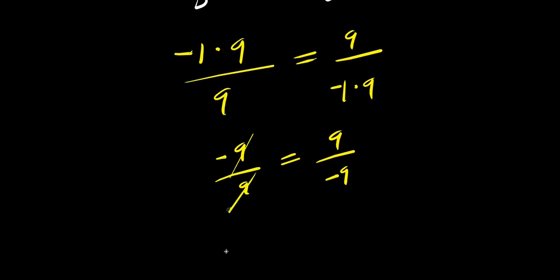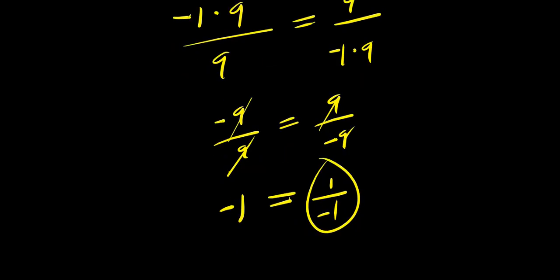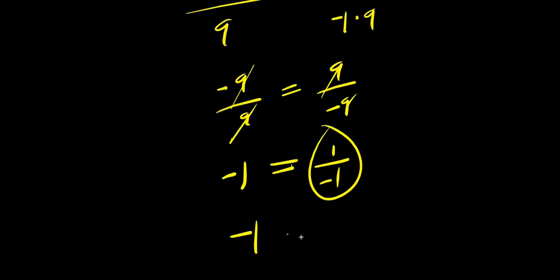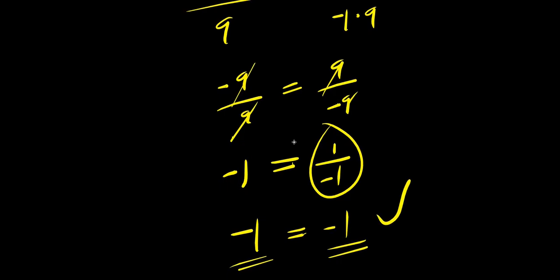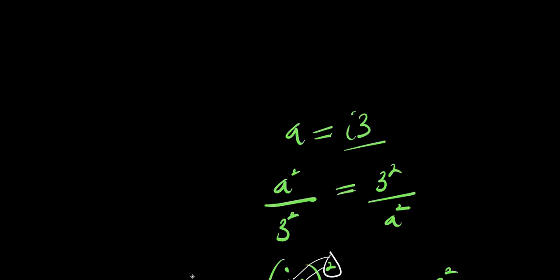Negative 9 cancels negative 9, this is negative 1 equals 9 cancels 9, we have 1 over negative 1. And 1 over negative 1 is the same thing as negative 1. We have negative 1 equals negative 1. That also has satisfied the equation.